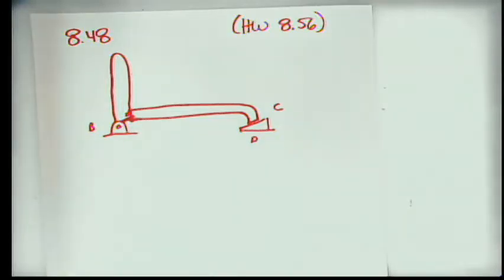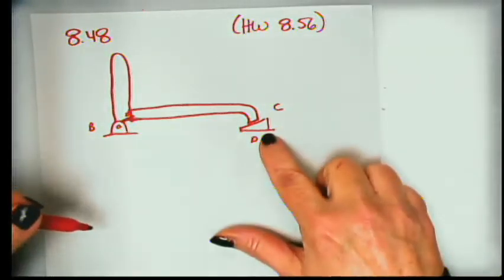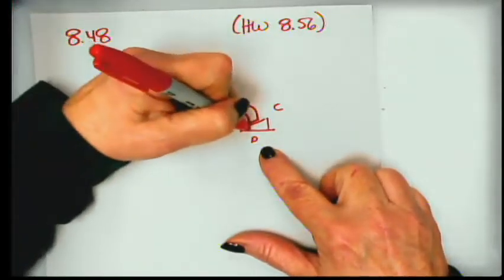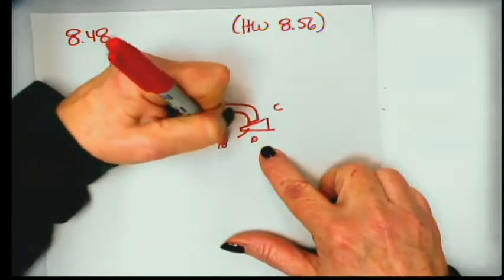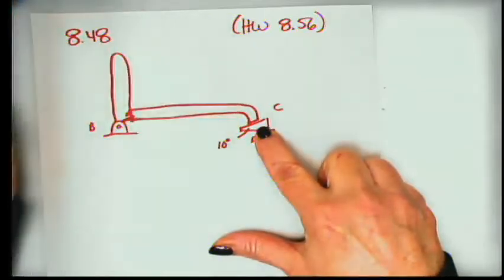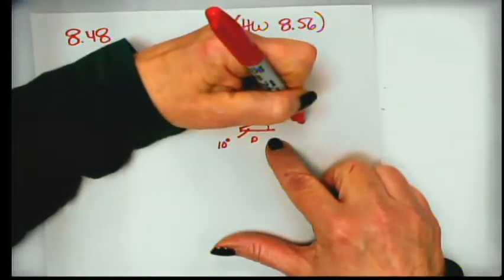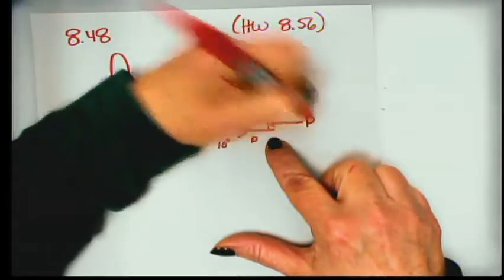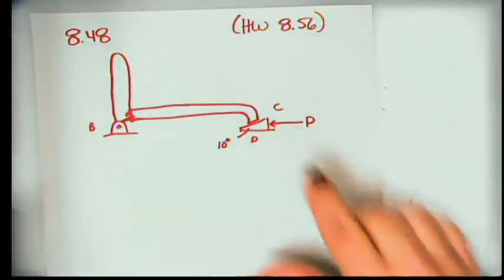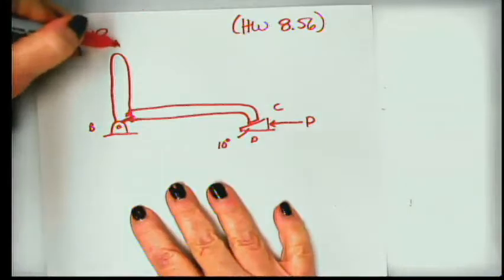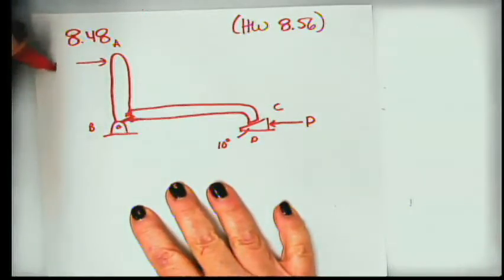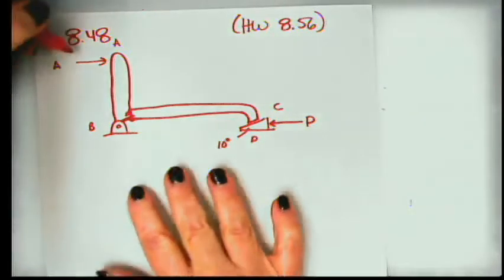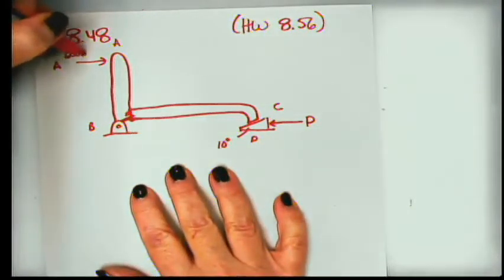All right? But what happens is at this wedge, we are told that this angle of the wedge is 10 degrees, that we push on the wedge with some force P, and that we push here on point A with some force of 600 newtons in the horizontal direction.